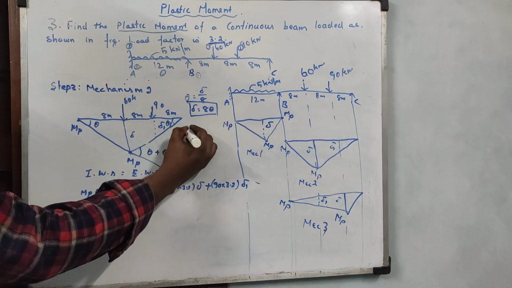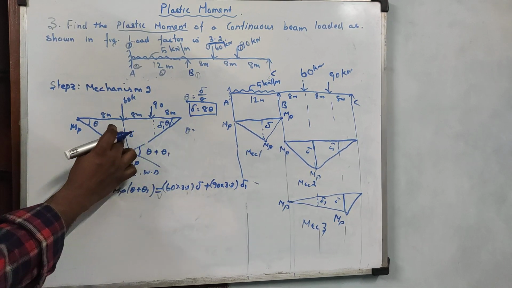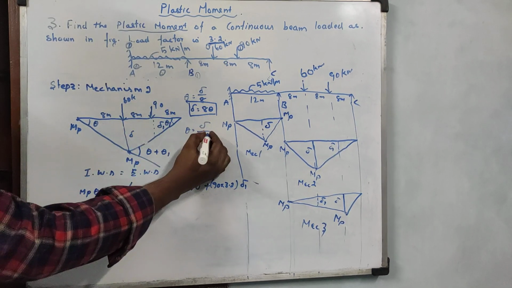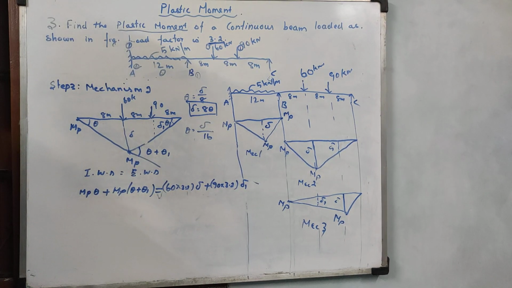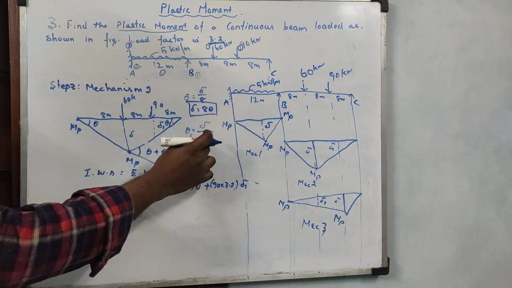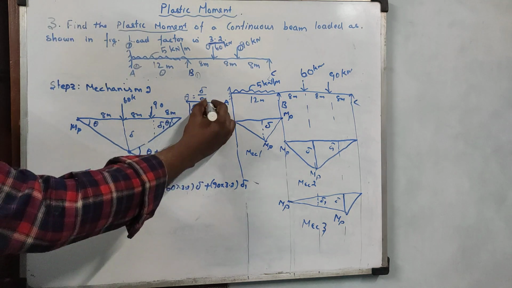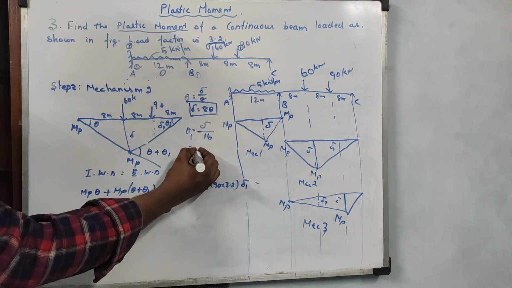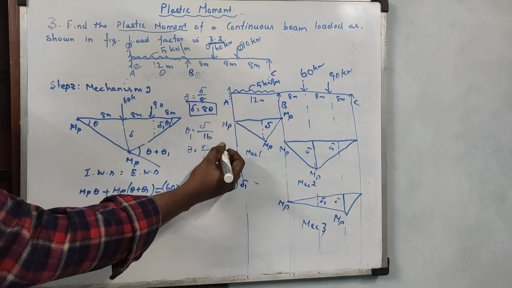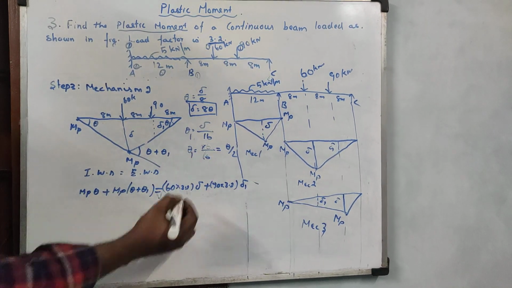Consider this triangle: theta 1 equals opposite del by adjacent 16. Theta 1 equals del by 16, and del equals 8 theta, so theta 1 equals 8 theta by 16, equals theta by 2. Theta by 2 is theta 1.